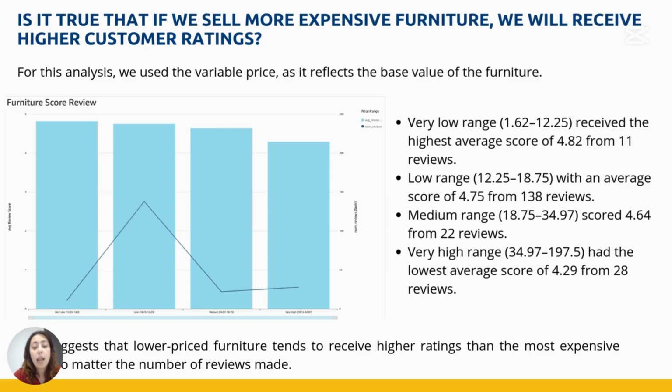And then the last place is for the very high range, which is the most expensive furniture, that has the lowest average score of 4.2 with 28 reviews, meaning that lower priced furniture tends to receive higher ratings than the most expensive furniture.